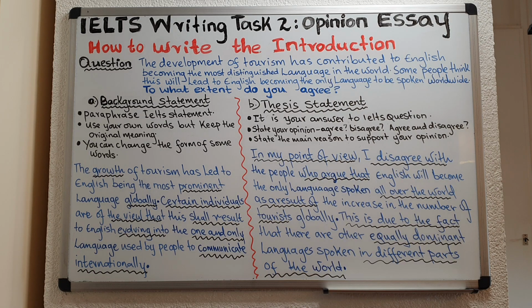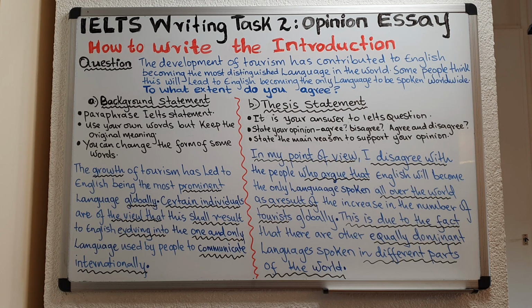Give a reason. Give the main reason as to why you have decided to agree or disagree, or agree and disagree. State the main reason. Now, how do you write the thesis statement? The question that IELTS has asked us is, to what extent do you agree?